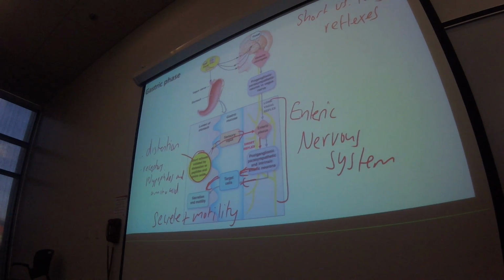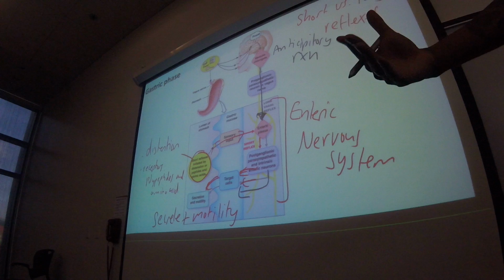So we can have anticipatory reaction. And that's sent from the brain, from the medulla oblongata, and it interfaces with the enteric nervous system, which in turn will then target these cells to have them start secreting stuff, to have the smooth muscles start contracting to create motility. And so we have both short and long reflexes occurring in the gastric phase.